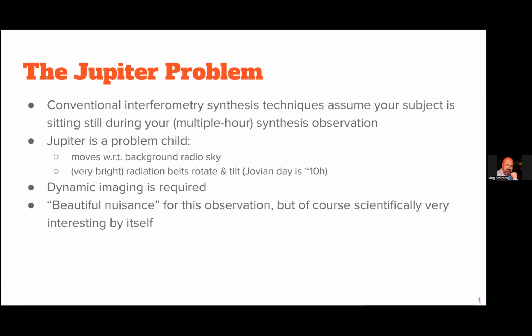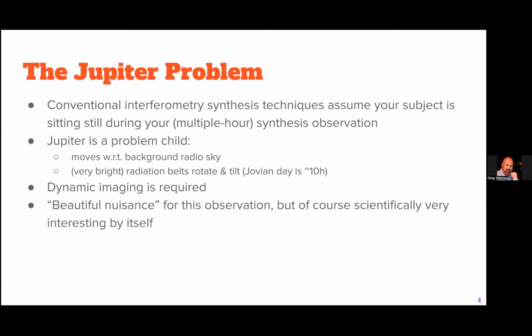And of course, imaging Jupiter is a problem. Deep imaging in radio is very different from imaging in optical, but what it shares is that we both like to take pictures of landscapes. We don't like to photograph kids or dogs in low light because they don't sit still.